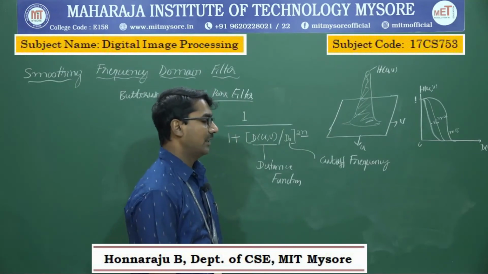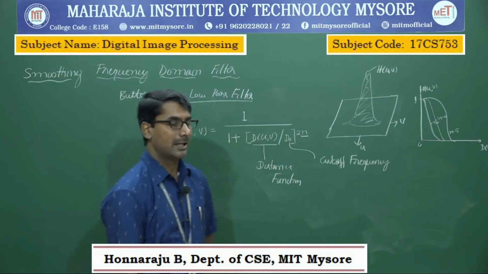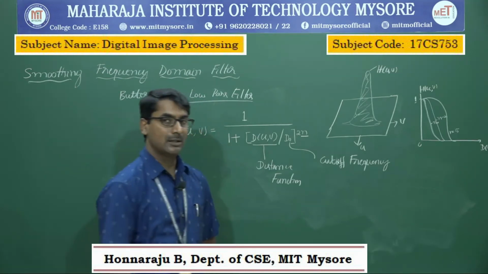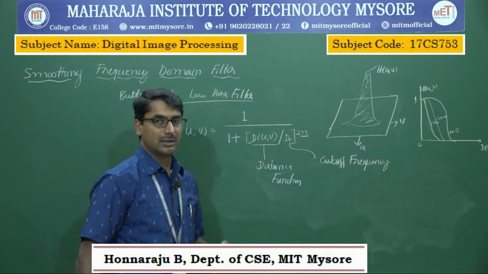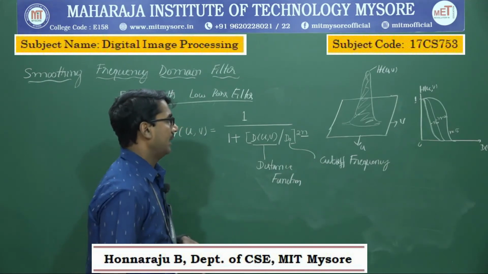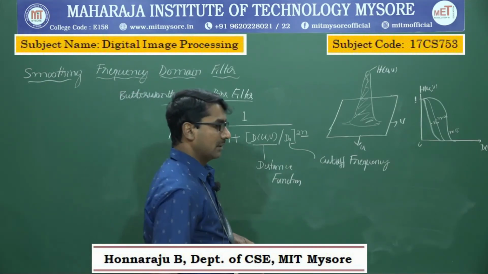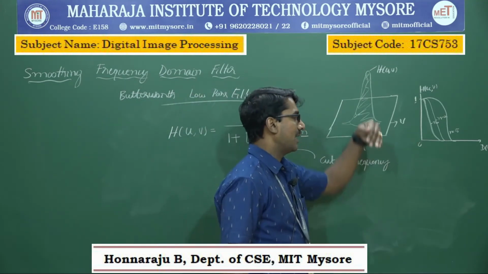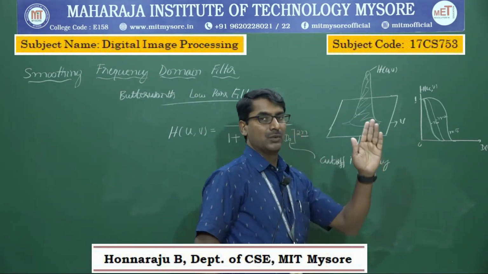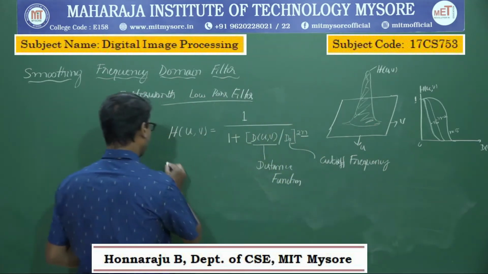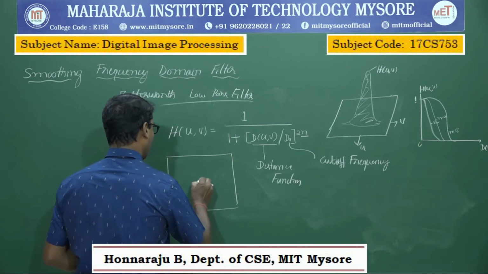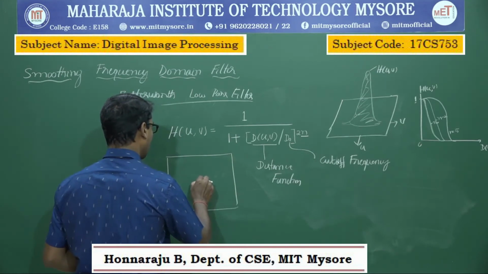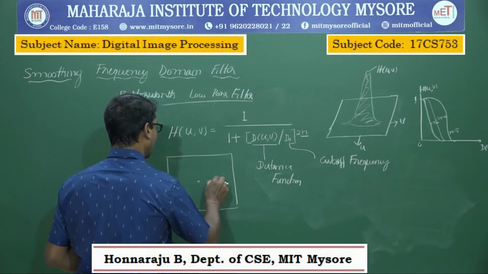One more difference between the ideal low pass filter and the Butterworth low pass filter is that in the ideal low pass filter there is a clear cutoff frequency, that is 0 and 1, but in the Butterworth low pass filter, the value starts slowly varying from 1 to 0. In the center the value is white and slowly it changes and becomes black.